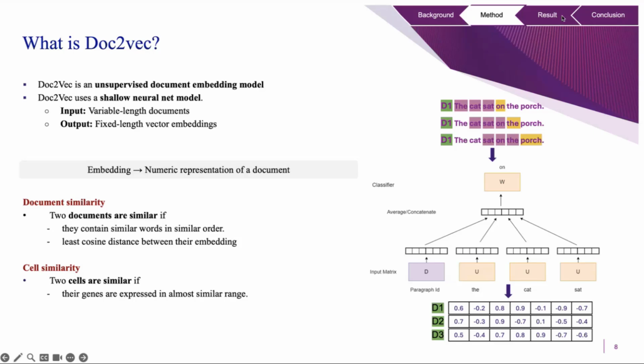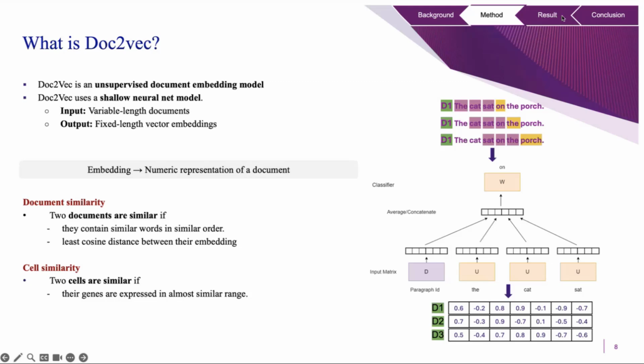Our whole assumption behind using documents is that doc2wake can group two documents based on their semantic similarity. If two documents are similar and have similar words expressed, then the cosine distance between the embeddings of those documents will be very small. That is, our doc2wake model can group those two very similar documents.